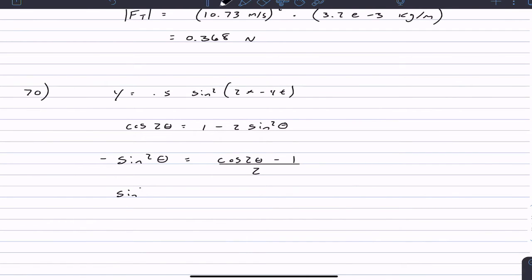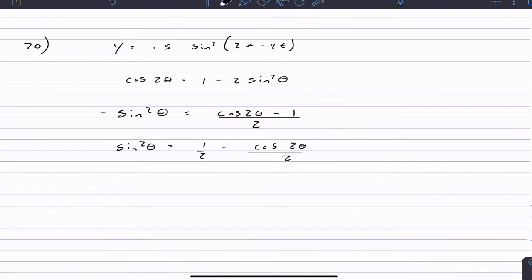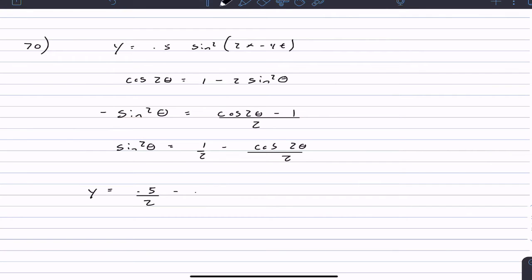So then sine squared theta is equal to 1/2 minus cosine 2 theta over 2. Right? So then we just plug that into the function, and that's pretty much all we got to do. So then y is equal to 0.5 over 2 minus 0.5, because that was out front, right, over 2 again.